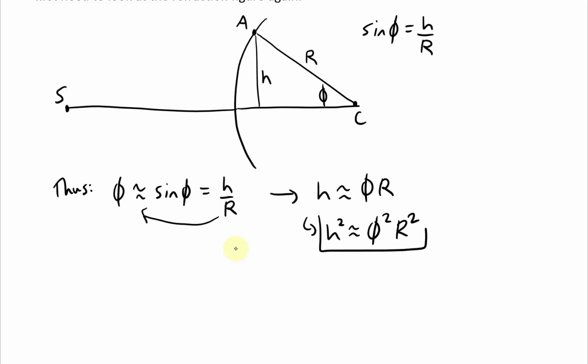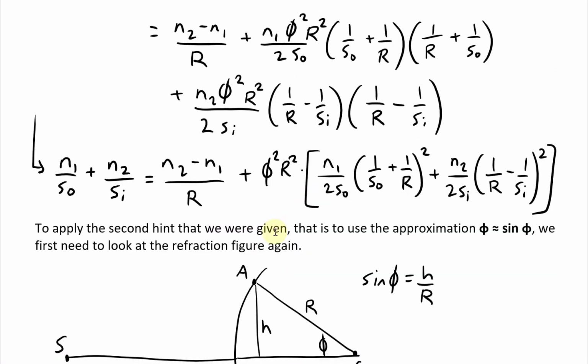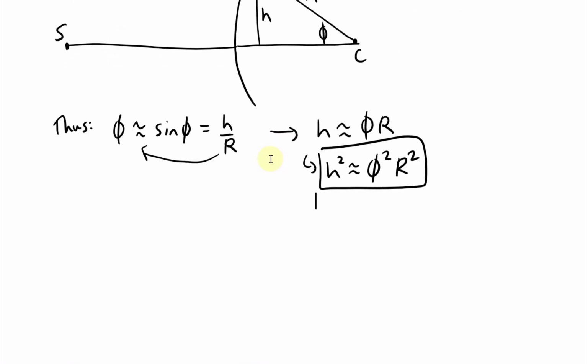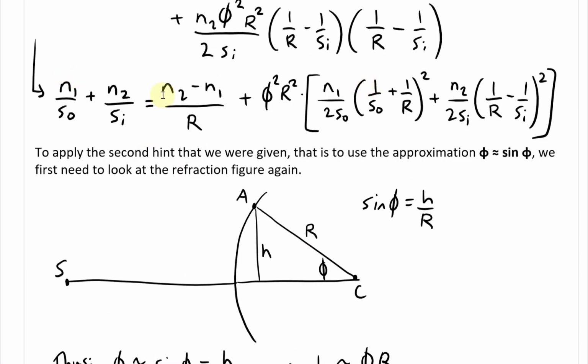I'll box this out. This is h, and this is h squared. So we can replace the whole thing with h squared. Now plugging this into our derived formula above gives us the desired equation 4. Let's write this whole thing out.